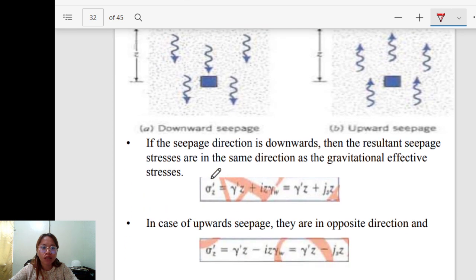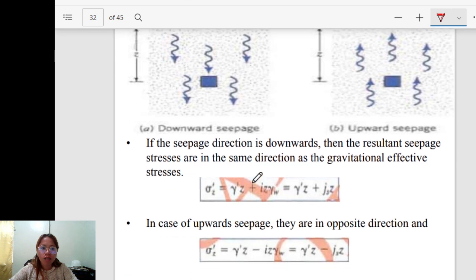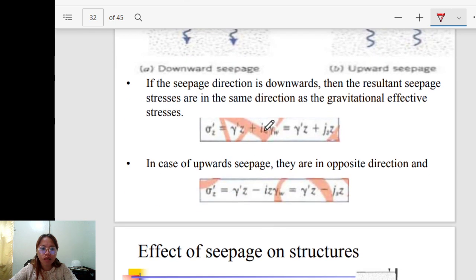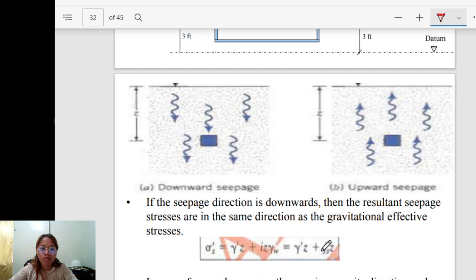So the total effective stress, if the seepage is downward, is equal to the buoyant unit weight times z, the distance from the water table to a certain depth z of the soil element, plus i z gamma w, where gamma w is the unit weight of the water and i is the hydraulic gradient, the head loss delta H divided by the length of the soil through which the water flows. This is also equal to gamma prime z plus J sub S z, where z is the height.